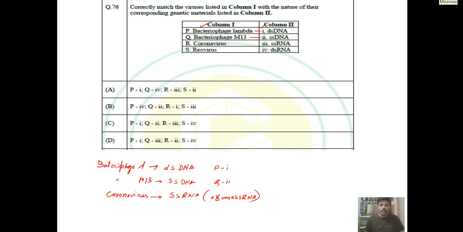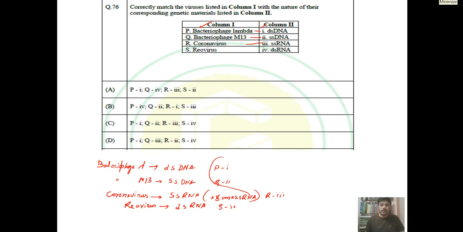So here R matches with option 3. And lastly, it is the reovirus. Its genetic material is double-stranded RNA. So S matches with 4.